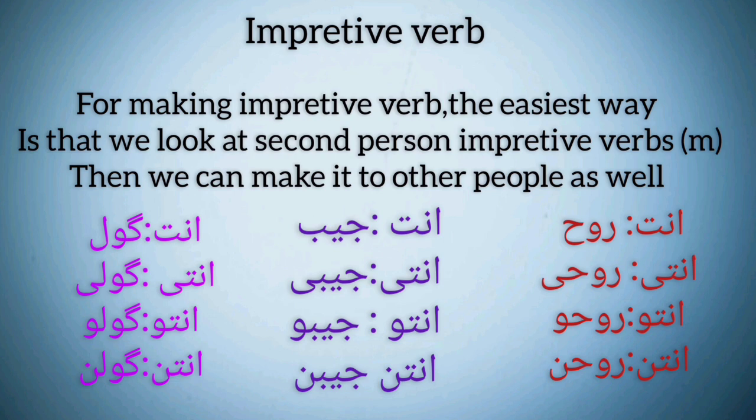The next example is جيب. In English we say bring. For making imperative verbs, as I said before, we look at the second person imperative verb. جيب, انت, جيب. Bring it to me.